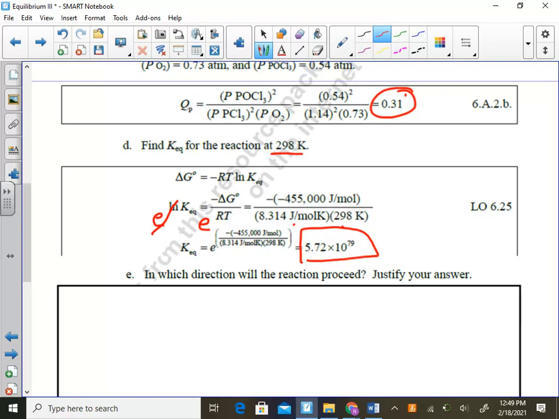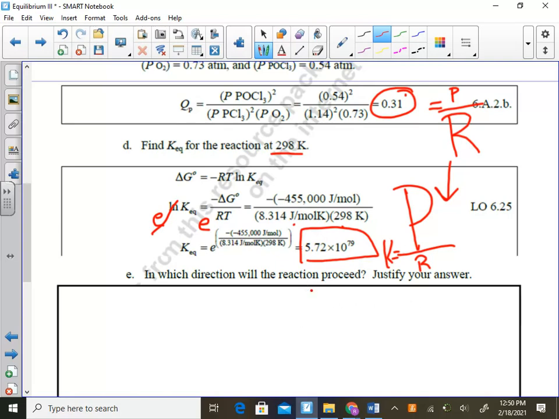Q also equals products over reactants, and this number is smaller, which means our reactants are too big or our products are too small. It's going to have to proceed until we get a really big product and a really small reactant to reach K. And so it's going to proceed from the reactants to the products.